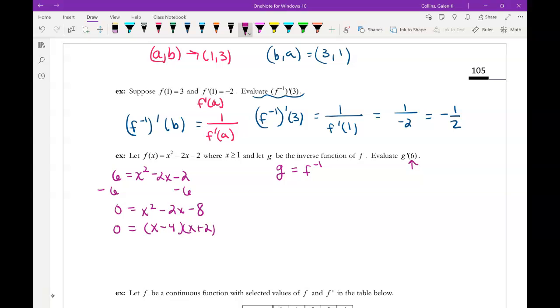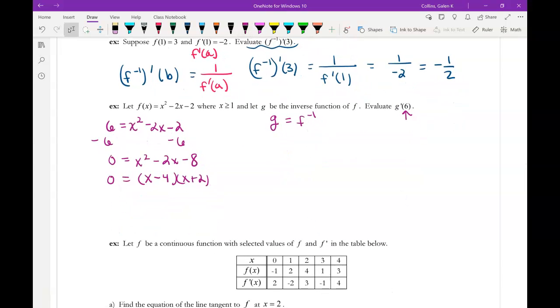All right, so lastly, if we were to use the zero product property to solve that, I would get that x equals negative 2 and x equals positive 4. And since we're given the condition that x must be greater than or equal to 1, we are just going to use the positive solution of 4. Okay, so now we know that for the graph of f, when x is 4, we get 6.